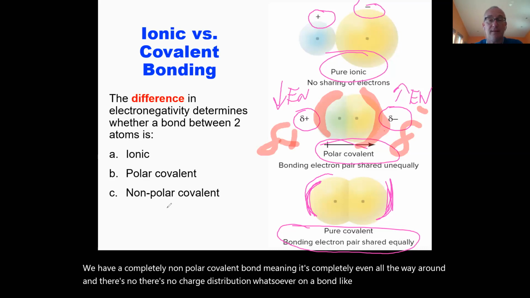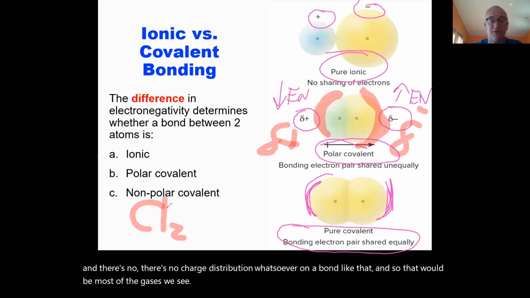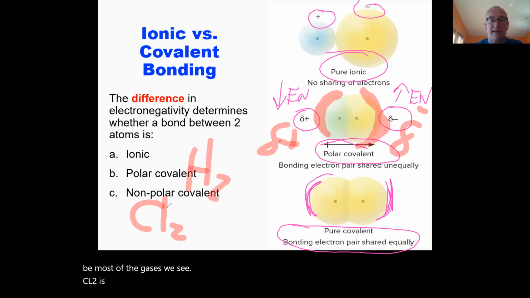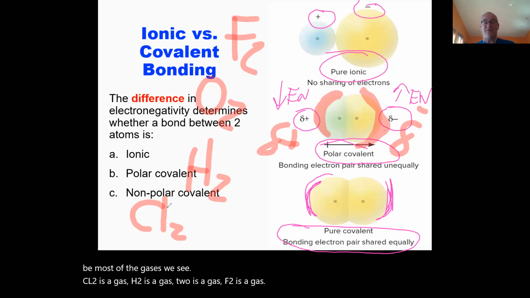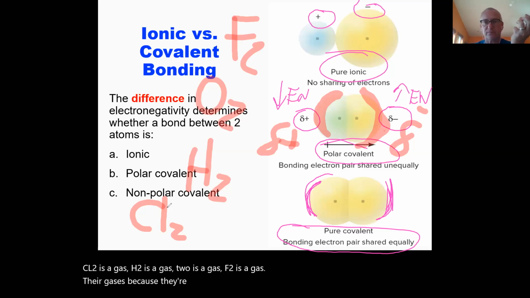And so that would be most of the gases we see. Cl2 is a gas, H2 is a gas, O2 is a gas, F2 is a gas. They're gases because they're very non-polar. You need something to be polar for it to become a liquid.